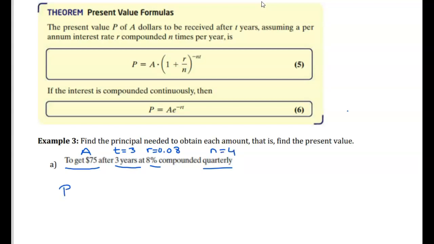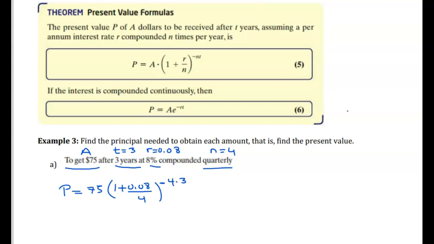Okay, so I'm trying to find the principal, which is the amount I should put in the bank to get $75. 75 times 1 plus 0.08 over 4 to the negative 4 times 3.